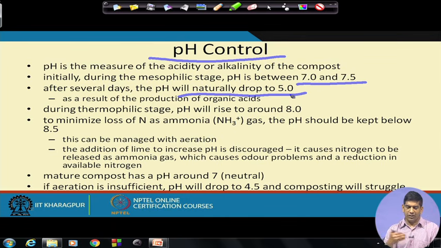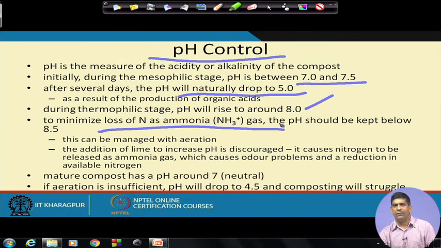So pH does fluctuate. During the thermophilic stage, pH will rise to around 8, but we don't want it to go much beyond 8, because if it goes beyond 8.5, the nitrogen... remember, we are trying to have an optimum carbon to nitrogen ratio. Nitrogen is needed in our fertilizers as well as in the compost.